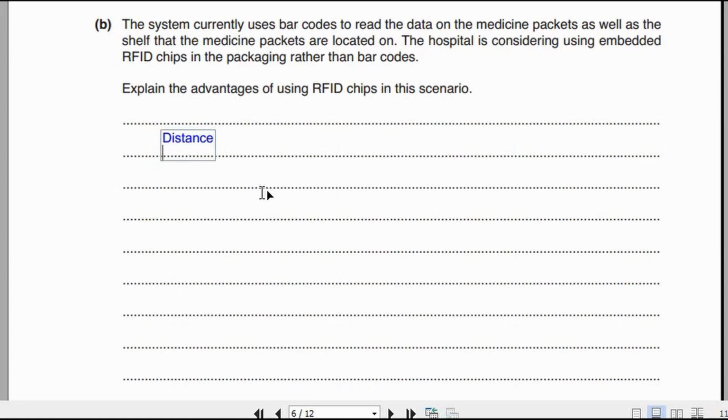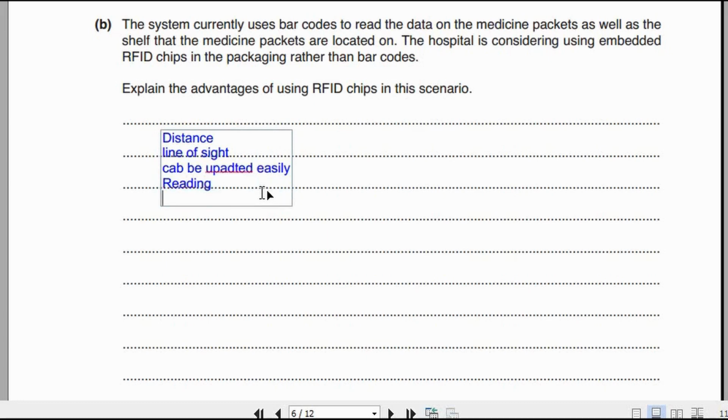Second issue is the line of sight. Barcode works in a line of sight, although the radio frequency identification doesn't need that. RFID can be updated easily. And the reading rate is also faster.